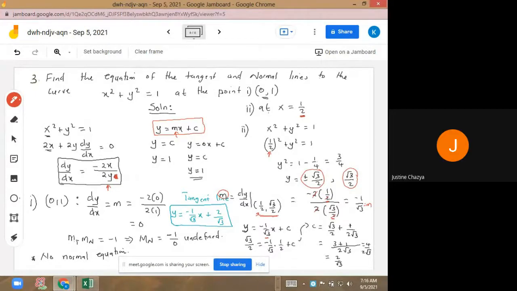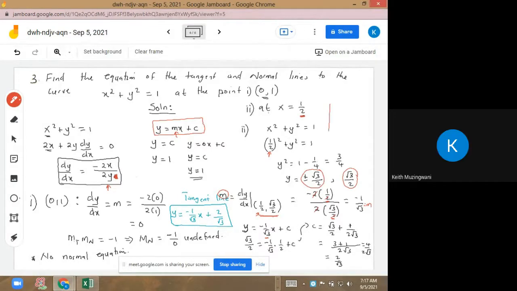For the gradient, you use each to get its own gradient, because those will be 2 different lines. A curve has so many gradients depending on the point. Oh, thank you, sir.